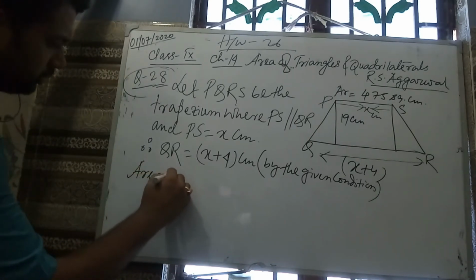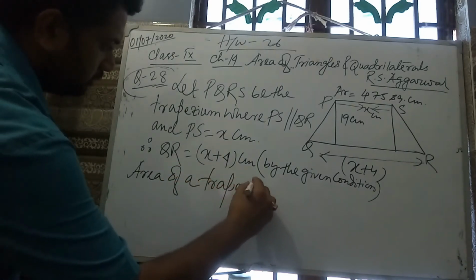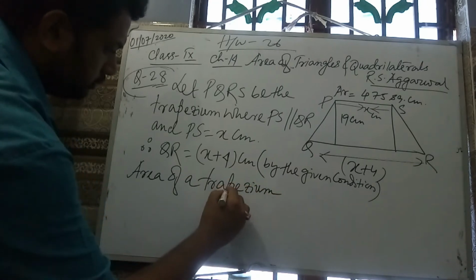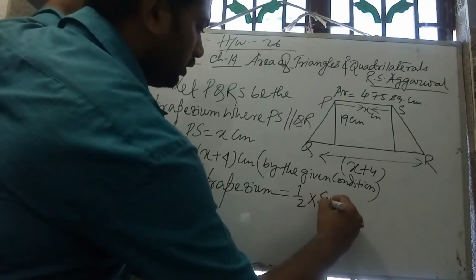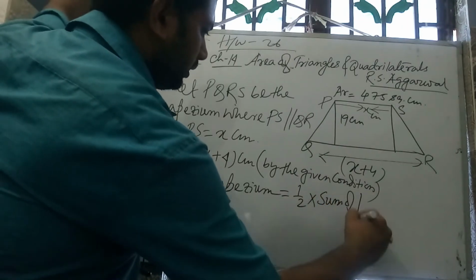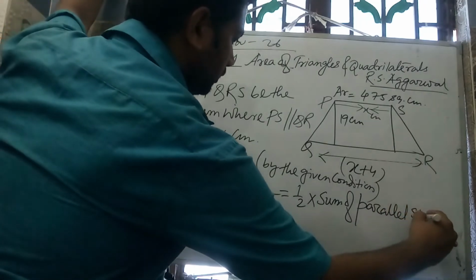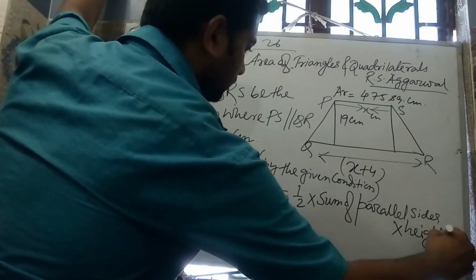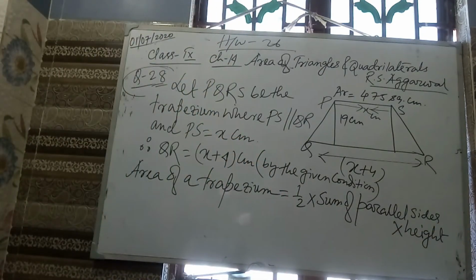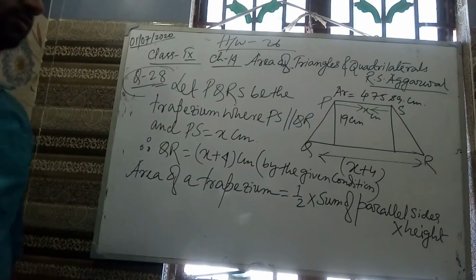Area of a trapezium is equal to half into sum of parallel sides into height.